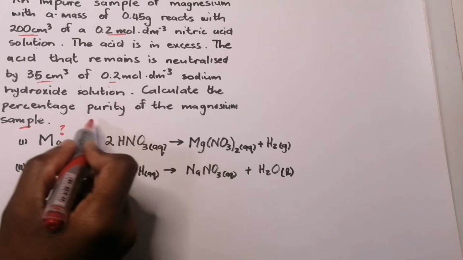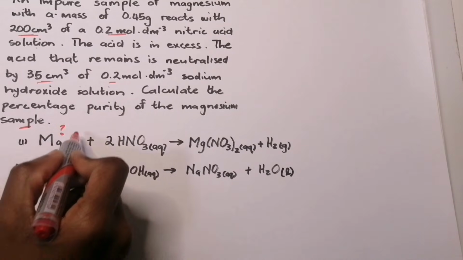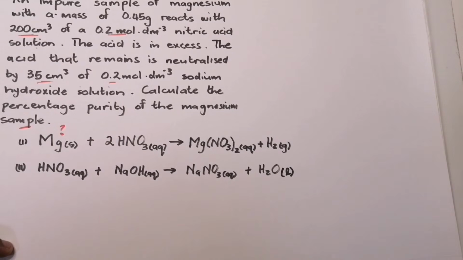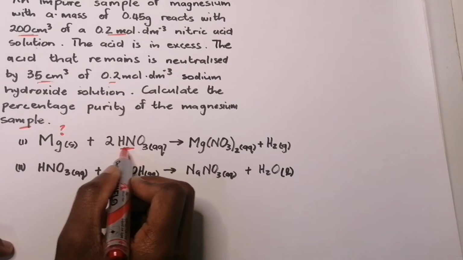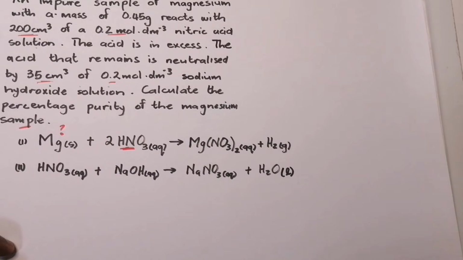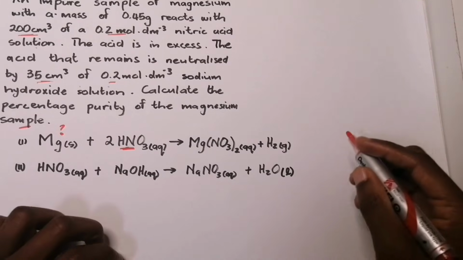I can determine the amount of magnesium that reacted alongside with it. Okay? I hope you can follow that. You can follow my logic, right? So if I can find out the amount of nitric acid that reacted, then I can find out the amount of magnesium that actually reacted with it.